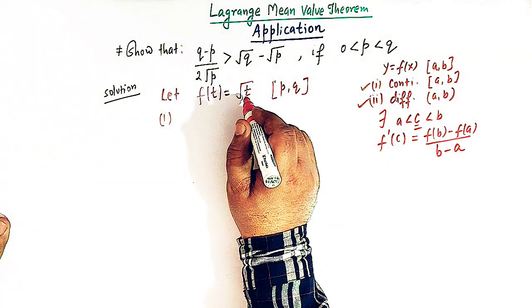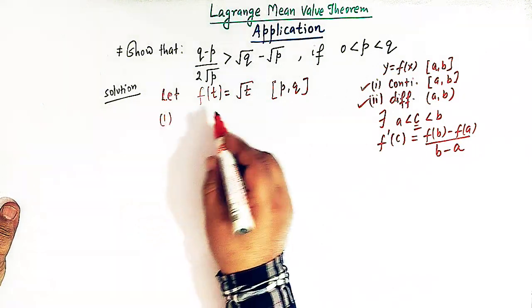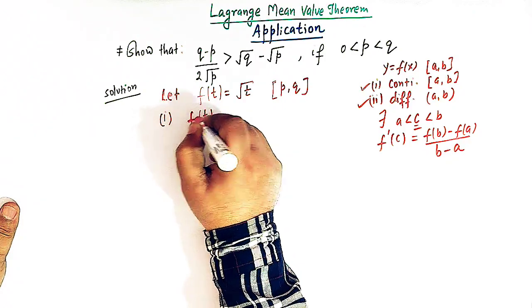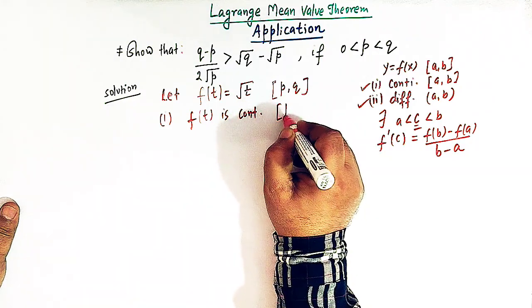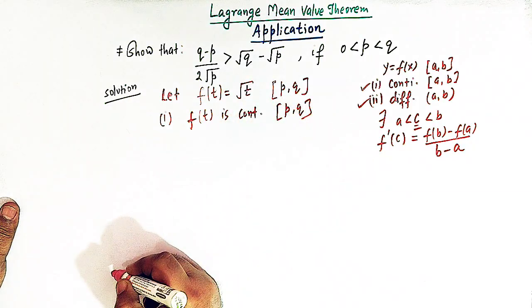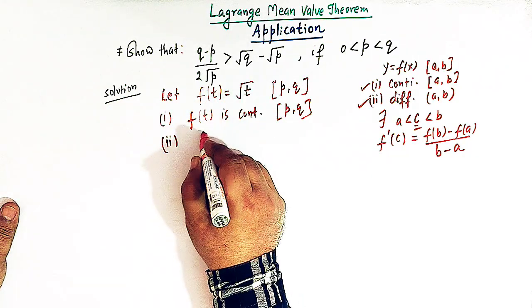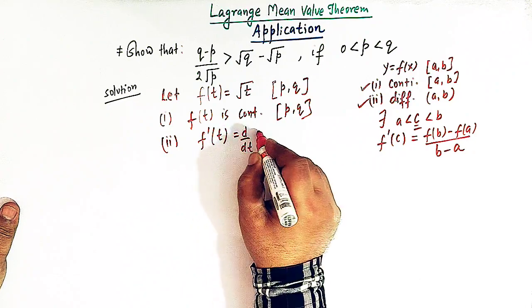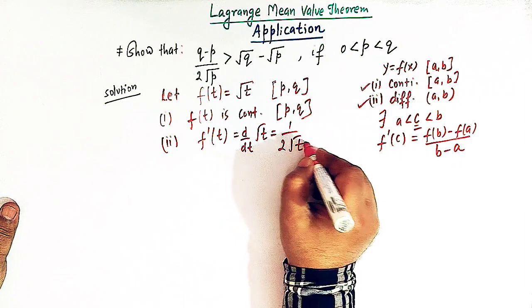This square root function is continuous in the closed interval p comma q. If we differentiate this function with respect to t, we get f prime of t, the derivative of square root of t, which is 1 over 2 times square root of t.